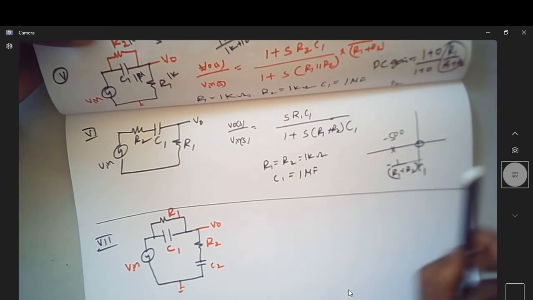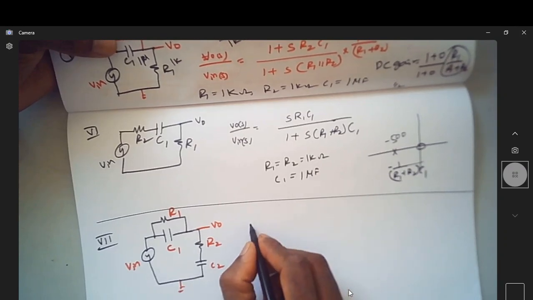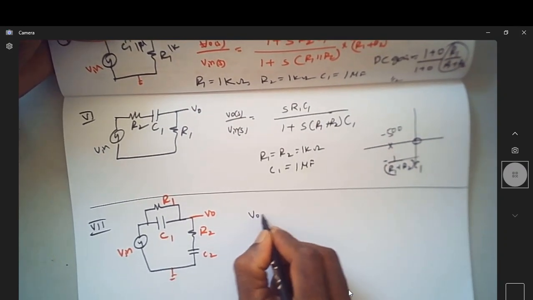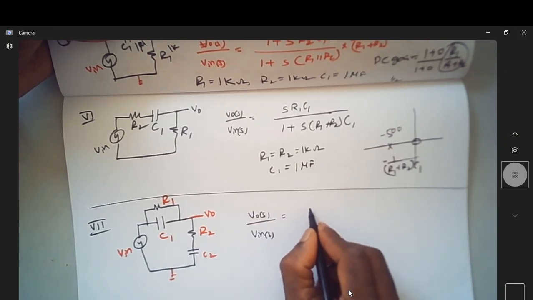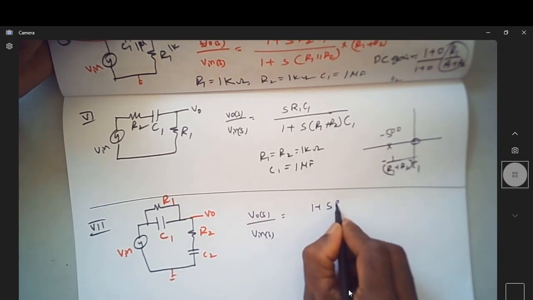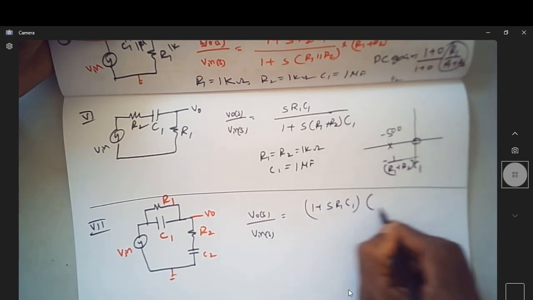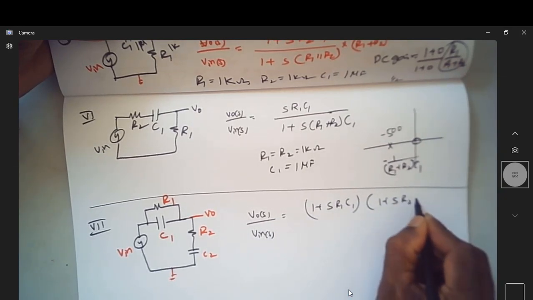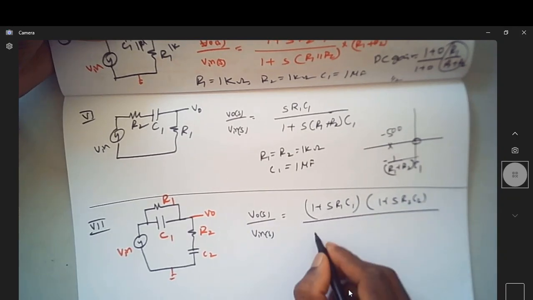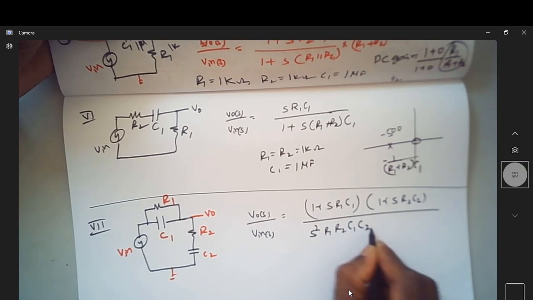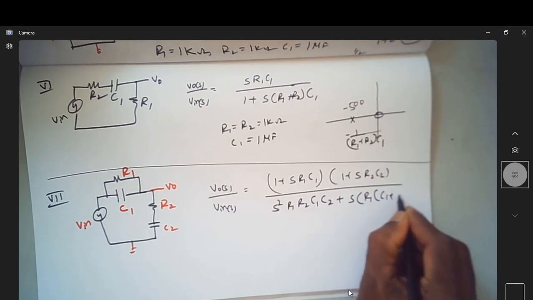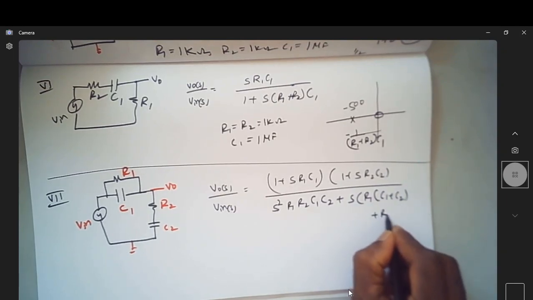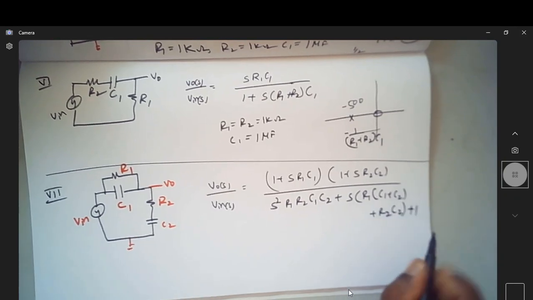Of course, I have shared the transfer function for all these. Directly writing the transfer function of this and trying to locate the poles and zeros, this comes out to be (1 plus S R1 C1) (1 plus S R2 C2) divided by S square R1 R2 C1 C2 plus S into (R1 C1 plus R1 C2 plus R2 C2) plus 1.